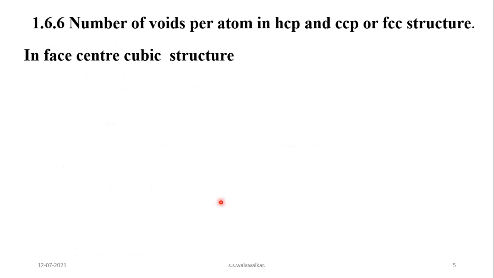Now, how these voids are formed in FCC structure and HCP structure, that is hexagonal close packing and cubic close packing or FCC structure, that we will study. So in FCC, that is the face centered cubic structure, the total number of atoms is 4.